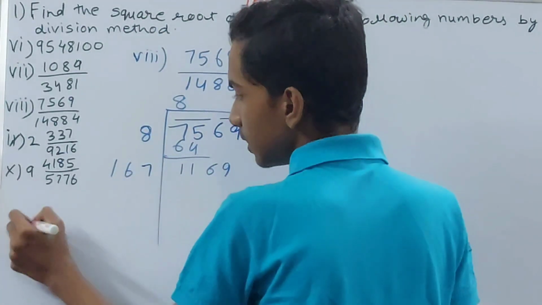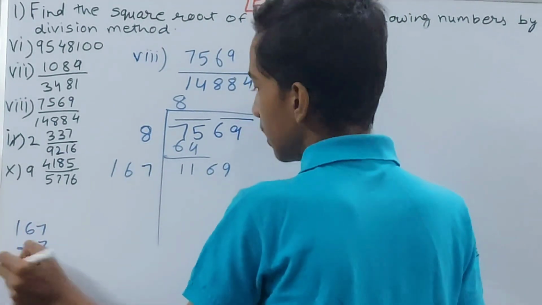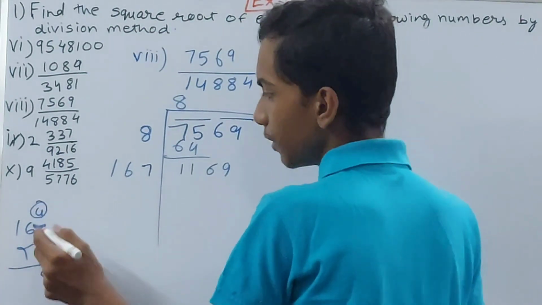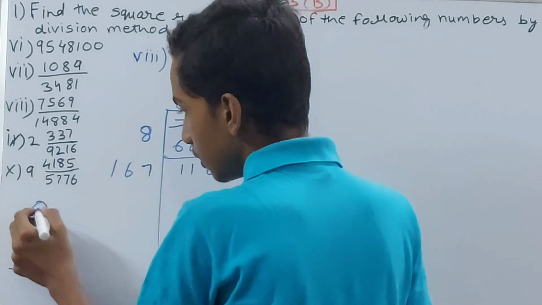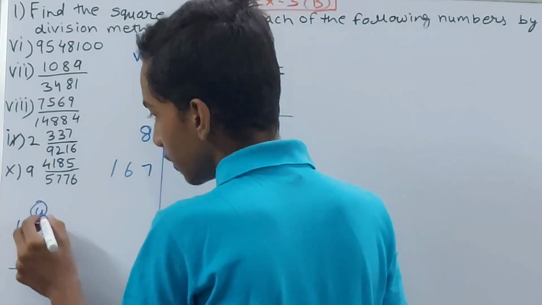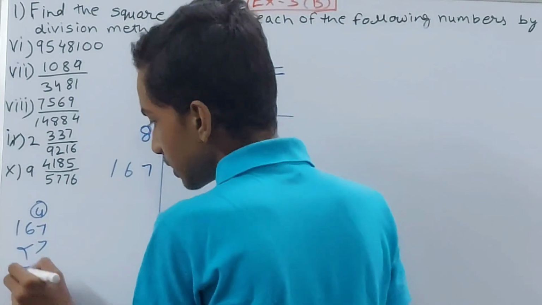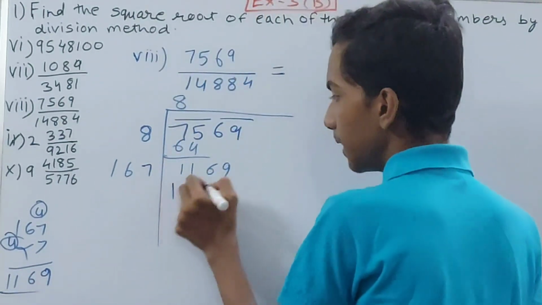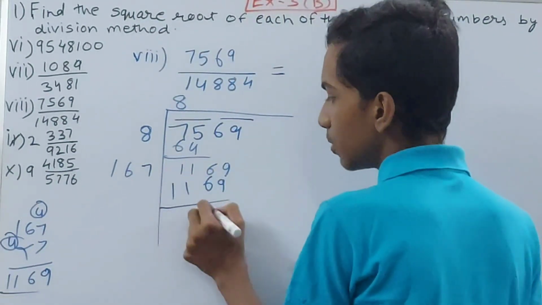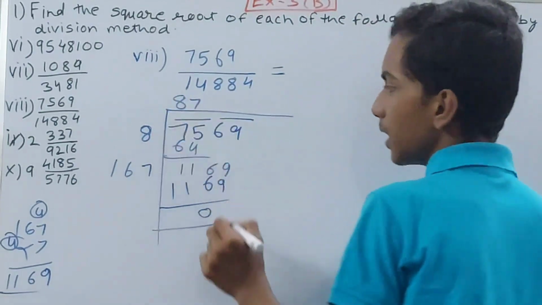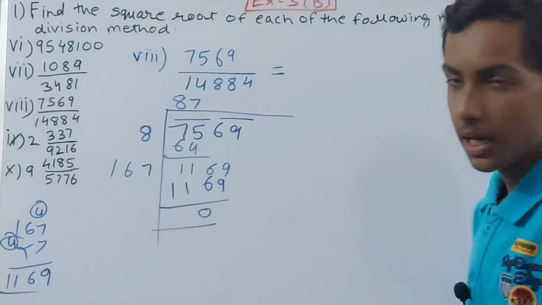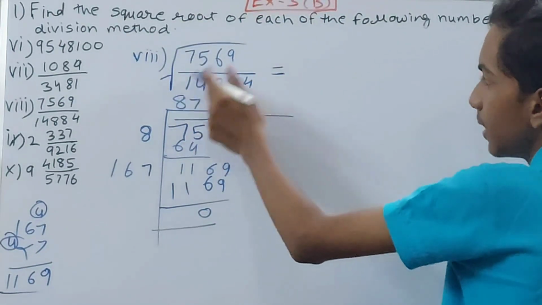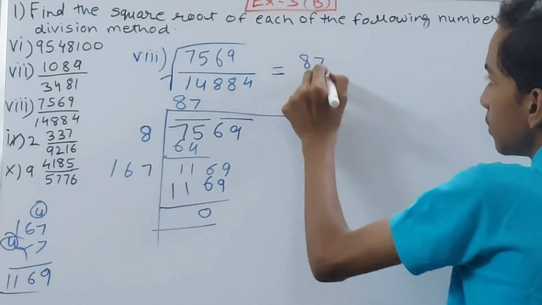So 167 sevens are, because 9 is there, 7 into 7, 9 and 4, 7 into 6 is 42, and then 4 there, 6, 4, 7 1 4, 11, 1169, right? This will go exactly by 7, so cancel and put 7 here, right? 87. Okay, this is in the under root form, so 87 will come here also.